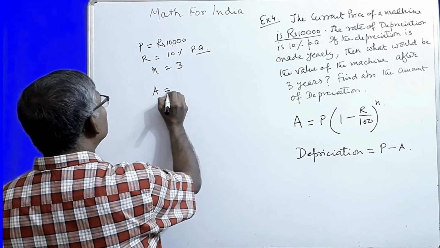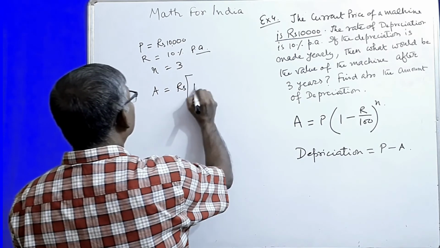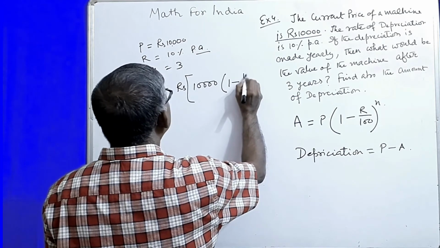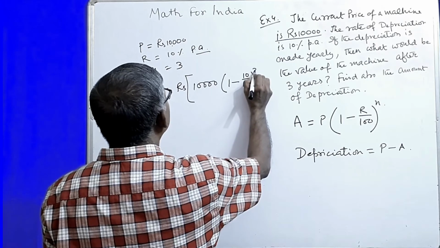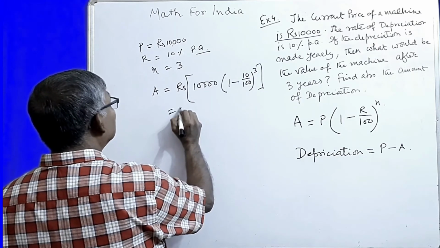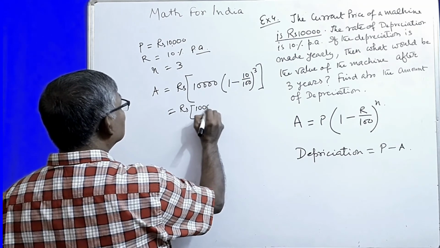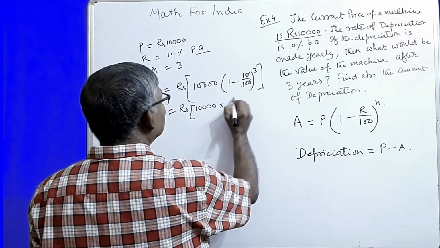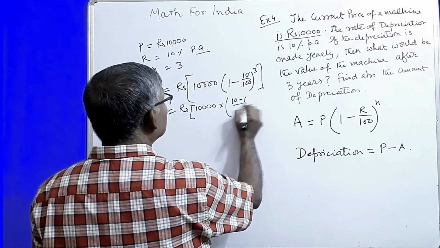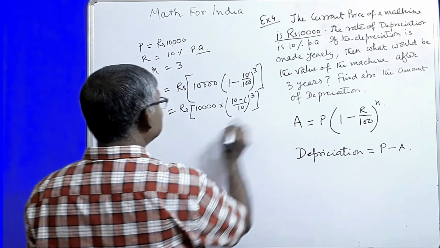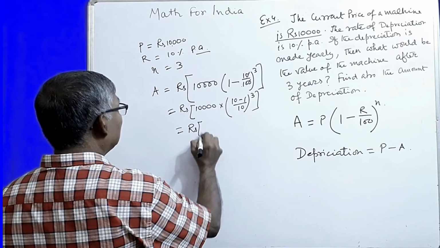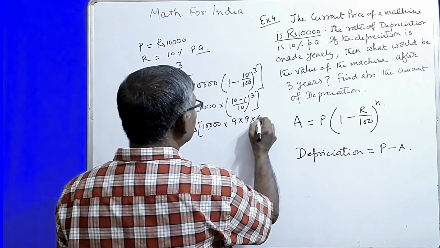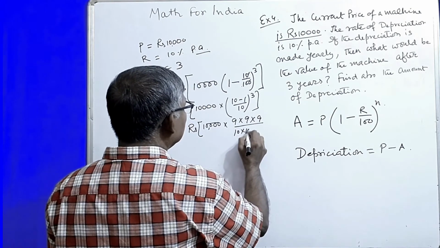Therefore, A equal to rupees 10,000 into 1 minus 10 by 100 whole to the power 3, that is rupees 10,000 into 10 minus 1 by 10 whole to the power 3, that is rupees 10,000 into 9 into 9 into 9 by 10 into 10 into 10.